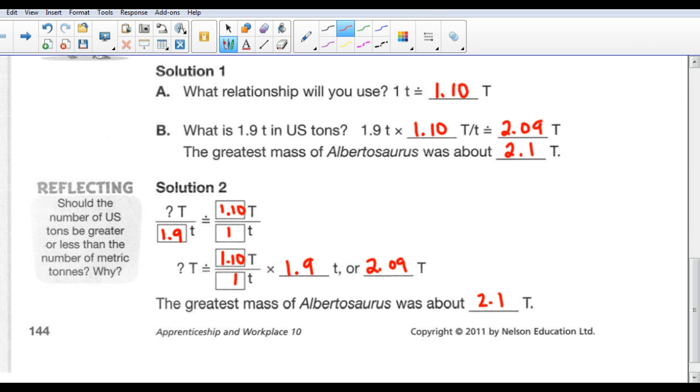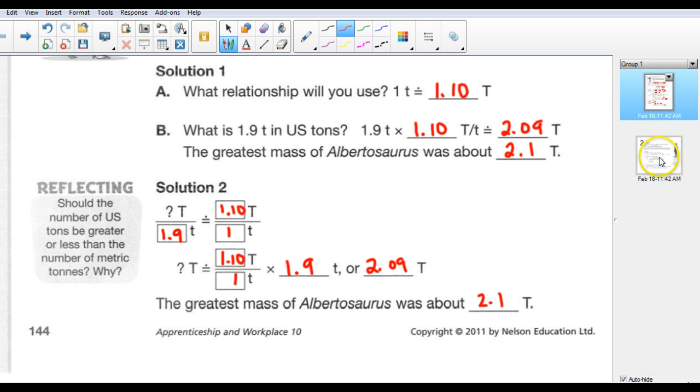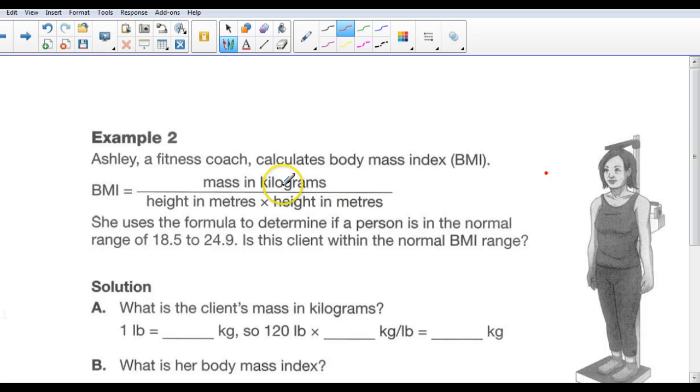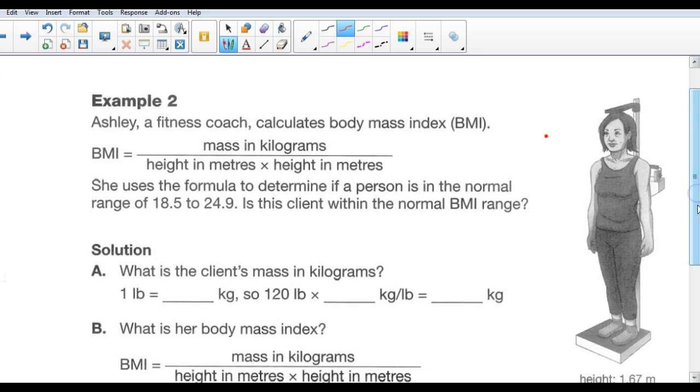Okay, so let's go to the next example. Ashley, a fitness coach, calculates body mass index, or BMI. BMI is just a number that's used to determine how much body fat a person has, and it's just a comparison between a person's mass or weight to their height in, pardon me, in meters.